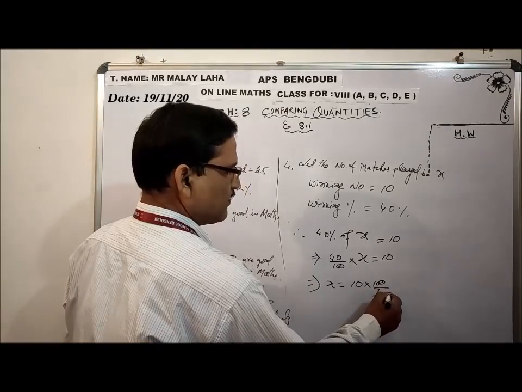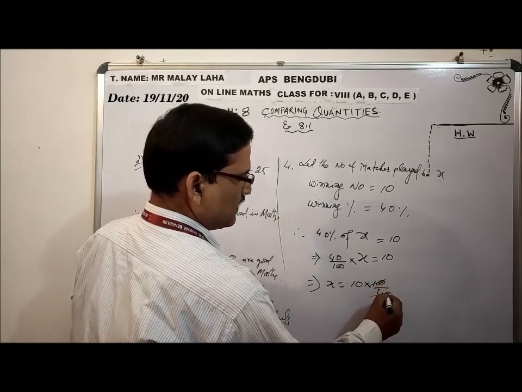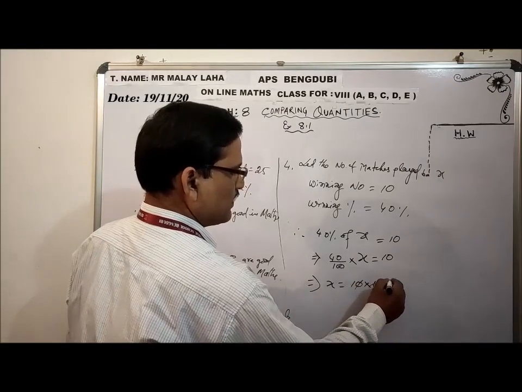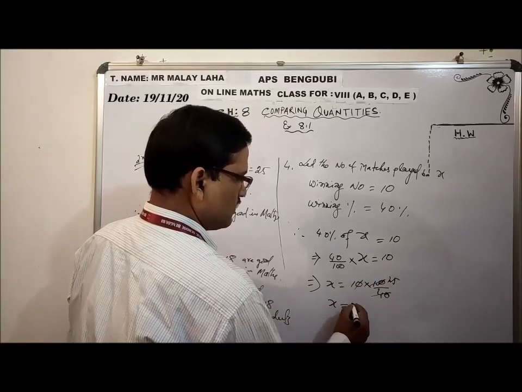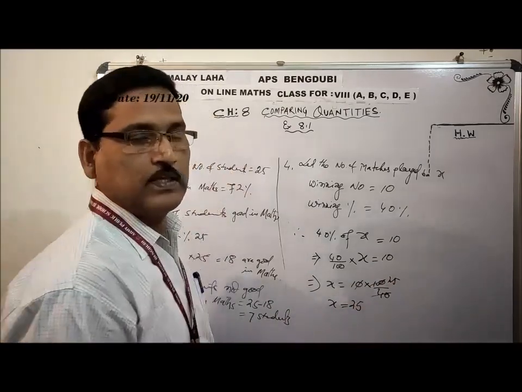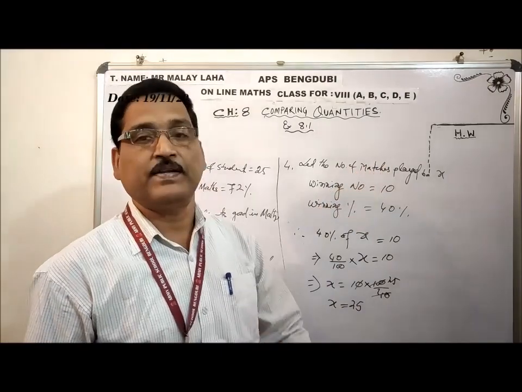So 100 by 40, cut: 0 and 0 cut, and 4 times 25. So X equals 25. Then what was X? Go to the top: the total number of matches played.